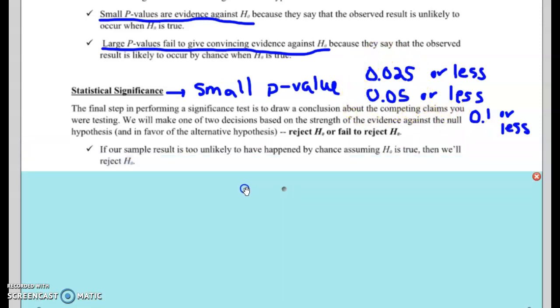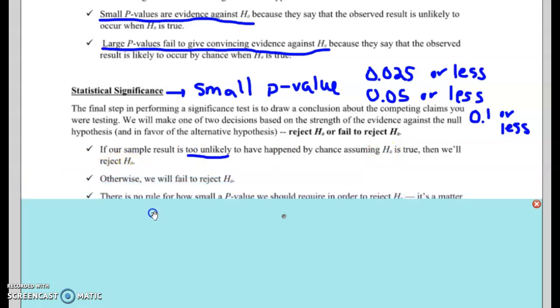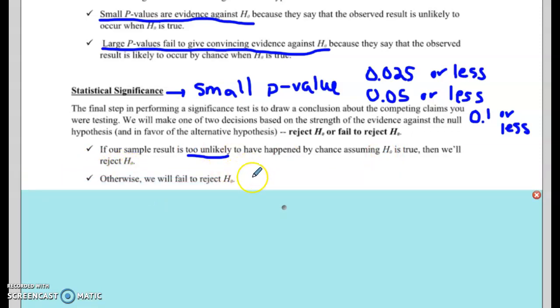If something is statistically significant, so if the sample is unlikely, that means a small p-value, we're going to reject the null hypothesis. So if we get a small p-value, or very unlikely probability given the null is true, we reject the null. Otherwise, if we get a high probability or a large p-value, we're going to fail to reject the null hypothesis, meaning it's probably still true.